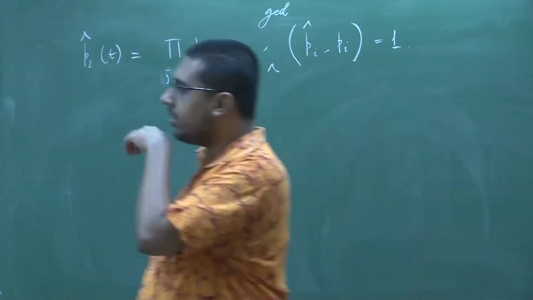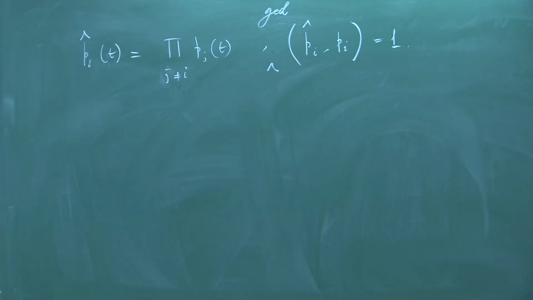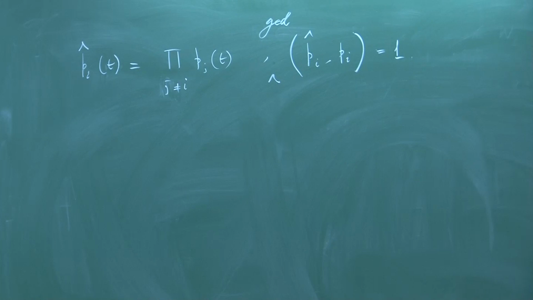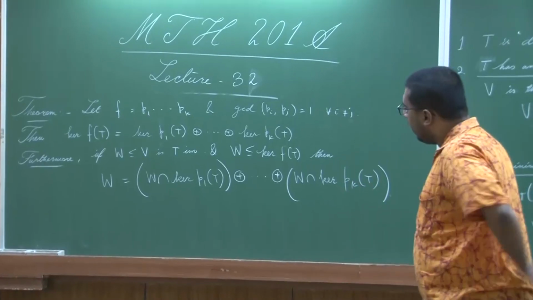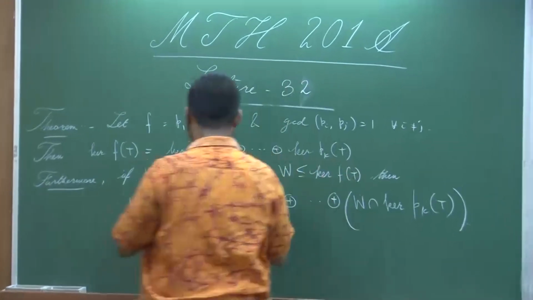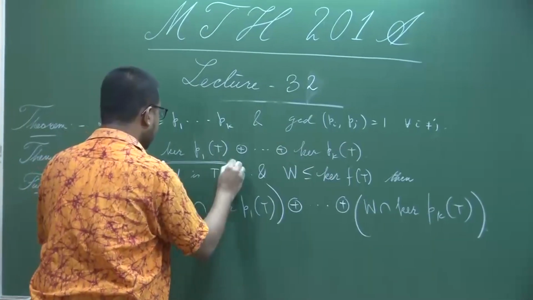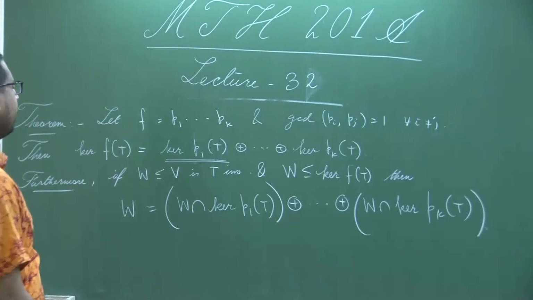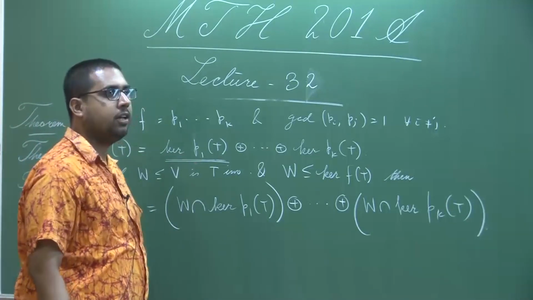Now, what can we further do? We have to start with a member in the kernel of f, and write it as a member of the sum of the kernel of this plus something, something, the kernel of that. Now, what can we further see? When can I say that something lies in the kernel of P? What type of elements are assured to be in the kernel of P?